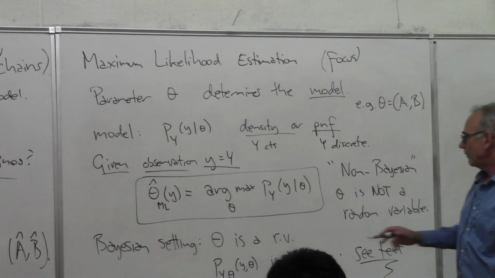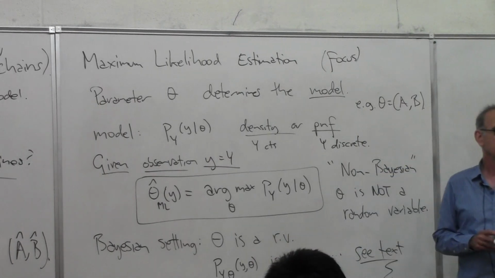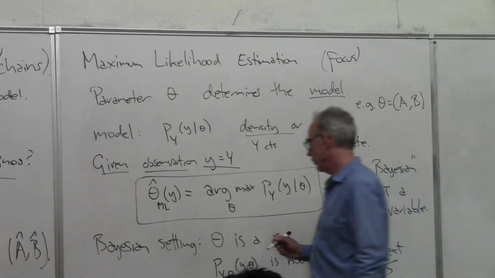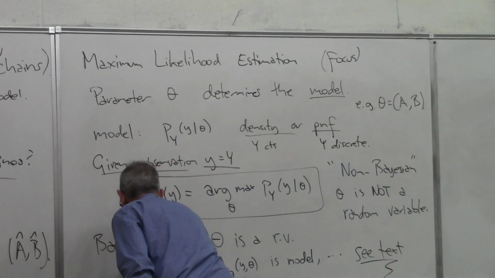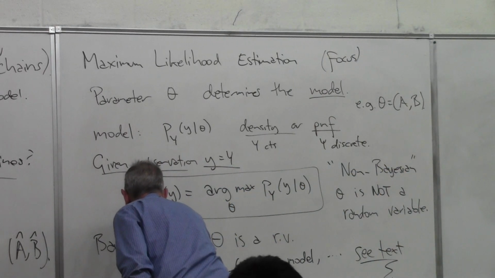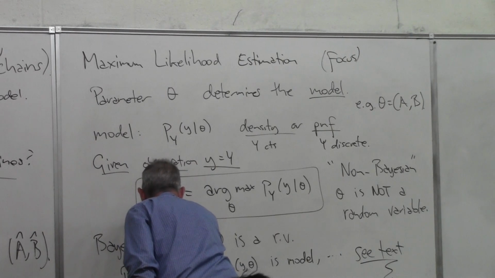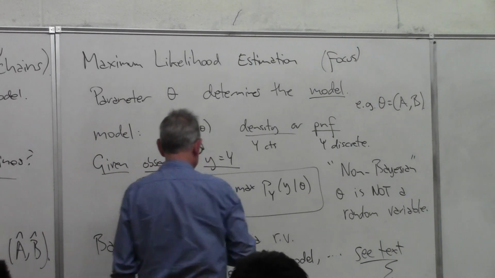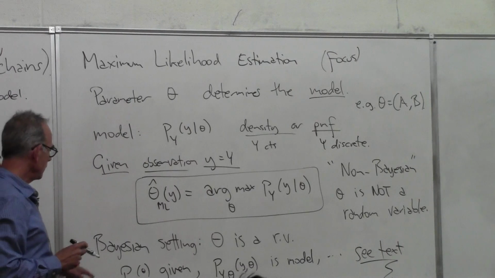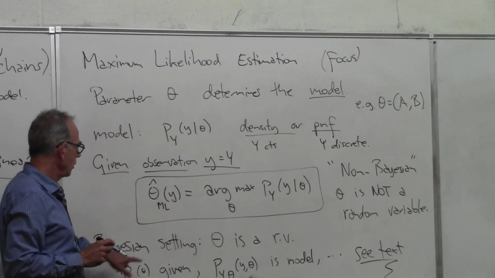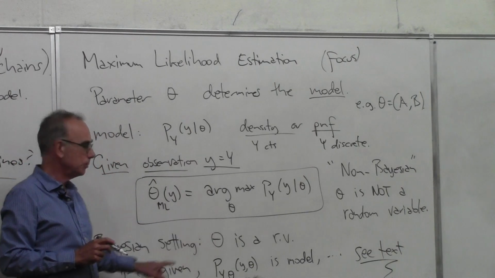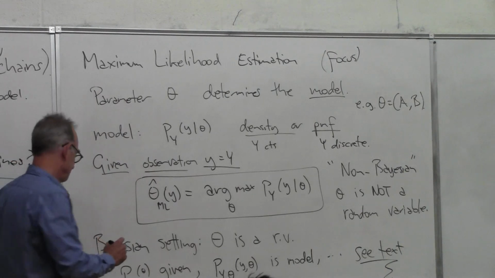So basically, you have the joint distribution. Actually, I should put in both. So we're in a Bayesian setting. Theta is considered to be a random variable, and we're given a prior.